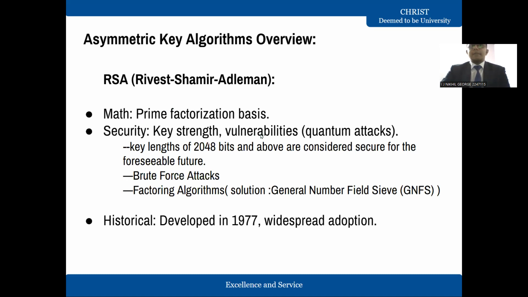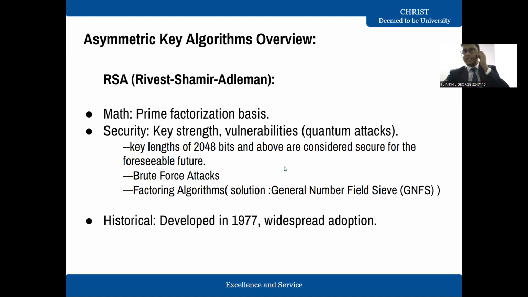Just to go back in time, RSA was developed in 1977. The key length of 2048 bits is said to be the most adaptable and secure one.